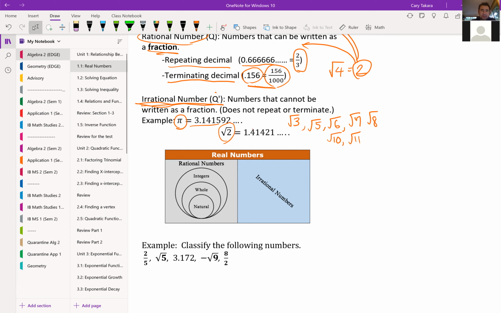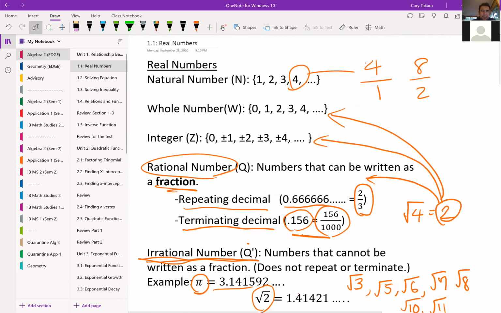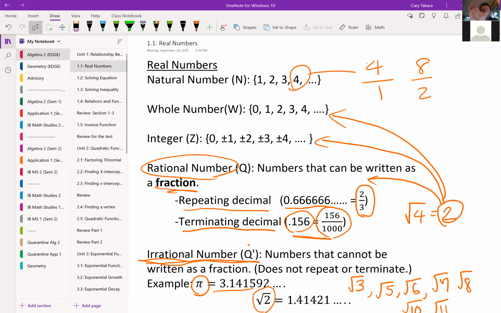Also, I forgot to mention, each number group has its own symbol or letter. Some of them are pretty obvious, but some of them are not. For example, natural numbers, the symbol is a capital N. The whole number is W, for obvious reasons.